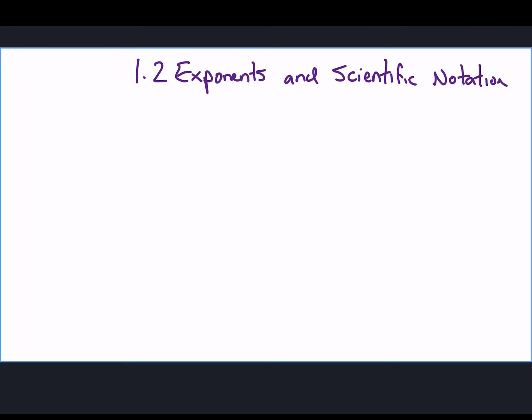So today we're going to discuss a number of rules for exponents, and then we'll finish up with scientific notation. The very first rule that we want to discuss is the product rule.